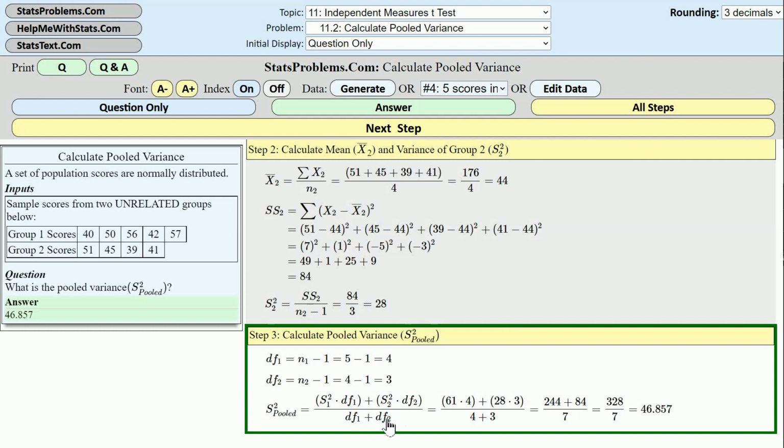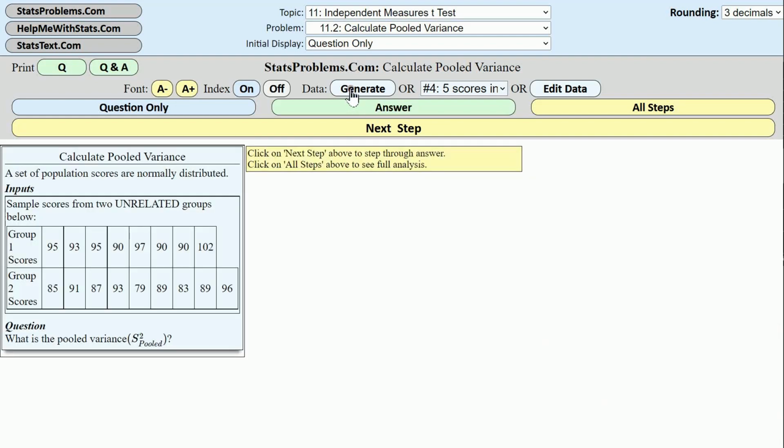In this example, S squared pooled equals 61 times 4 plus 28 times 3, divided by 4 plus 3, which works out to 244 plus 84, divided by 7, which works out to 328 divided by 7, which works out to 46.857.